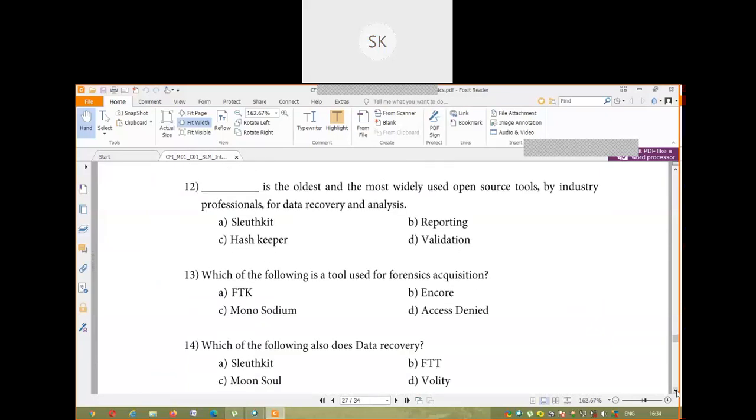Can you tell me this number answer? Answer of the clue. Write in the chat box.